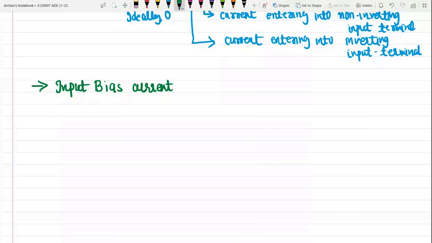It is nothing but the average value of the two currents flowing into the op amp input terminals. Talking about the input bias current, it is denoted by IB, and IB is nothing but the average of the two bias currents, (IB1 plus IB2) divided by 2.